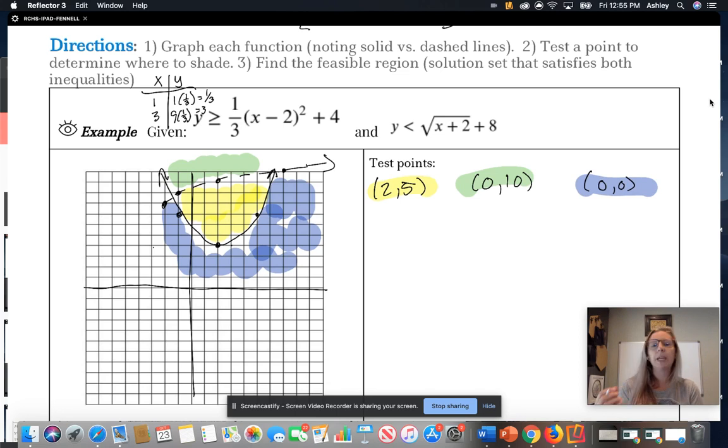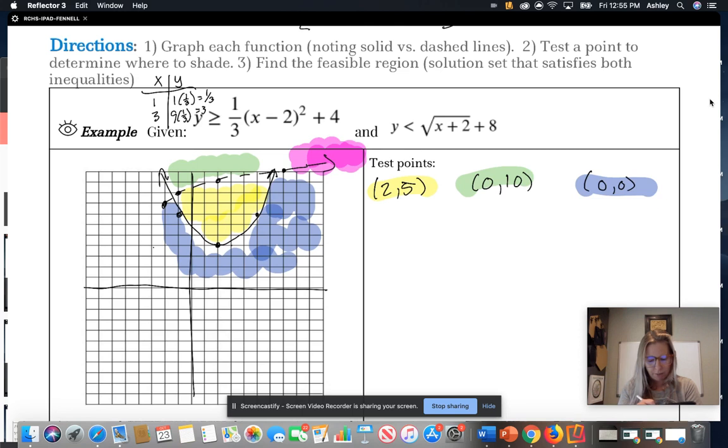And then we also have one other region we have to test, which would be outside of the quadratic and above the square root. Okay, so outside the quadratic and above the square root would be over here, values like, let's find a good example.